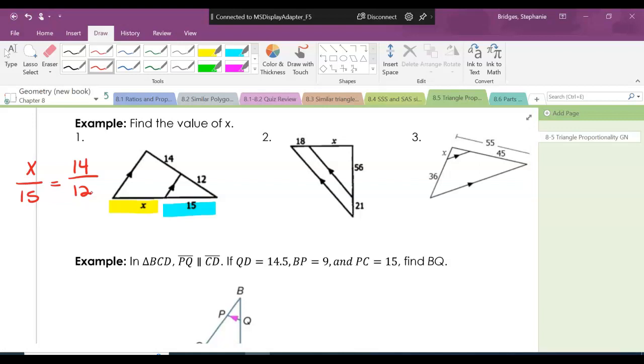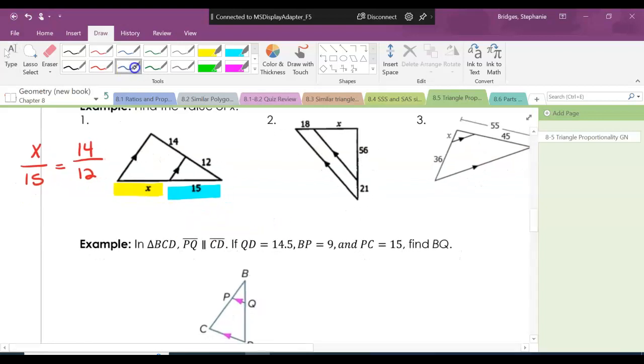Okay, solve your proportion. Cross multiply. We should be able to solve proportions at this point. It doesn't matter which diagonal you do first.